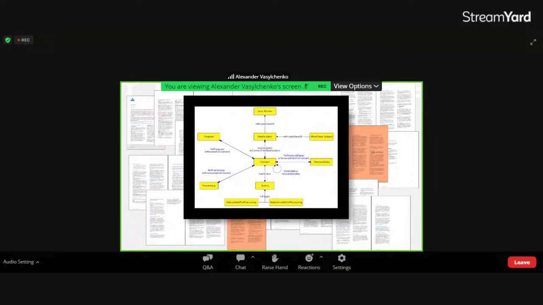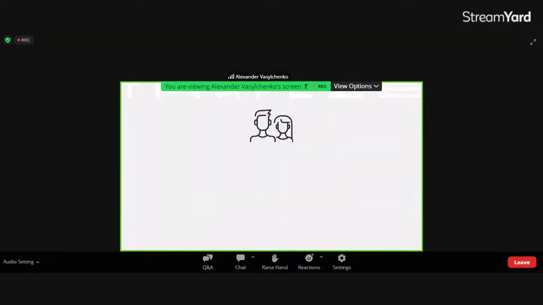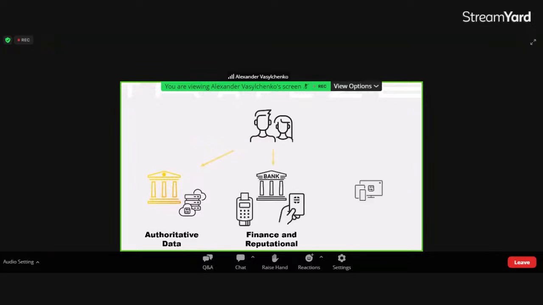And this case concerns pretty much every aspect of the life of European citizens. No matter whether it concerns your relationship with the governments, where authoritative data is exchanged, finance or reputation, your insurance, and everyday use of your personal accounts, social media, and so on, it also involves a privacy-sensitive data exchange, right?